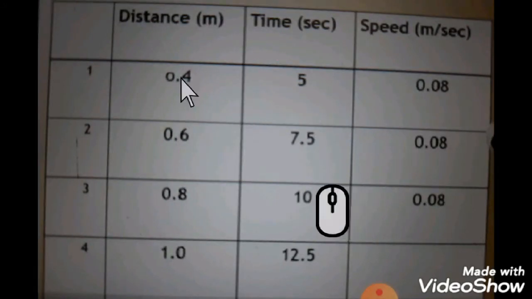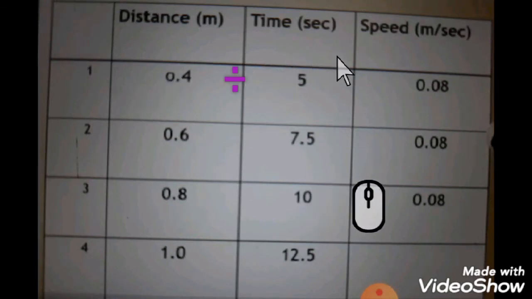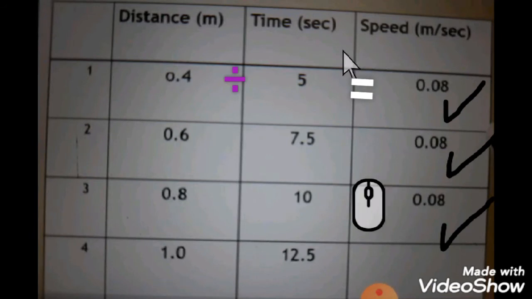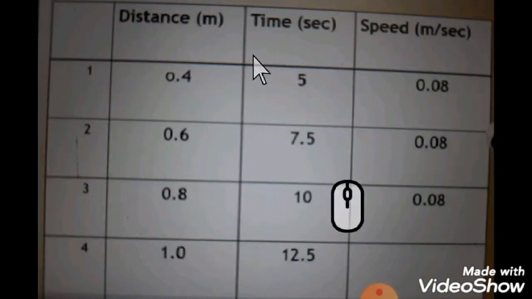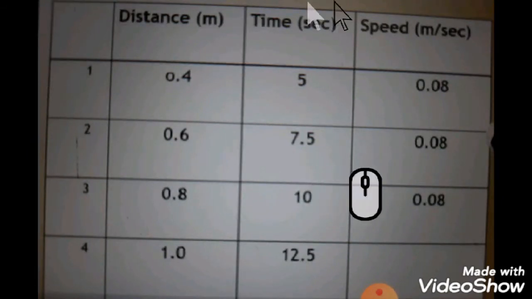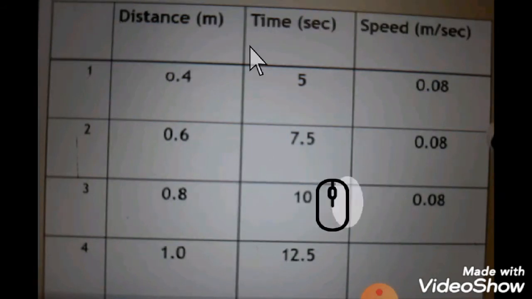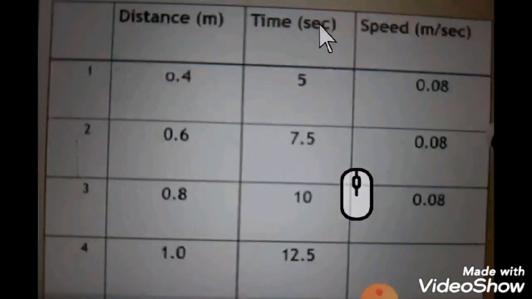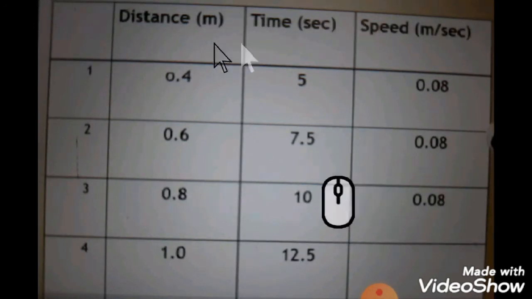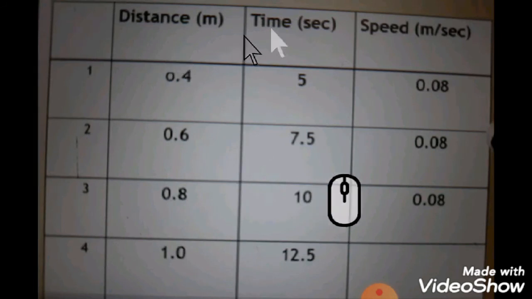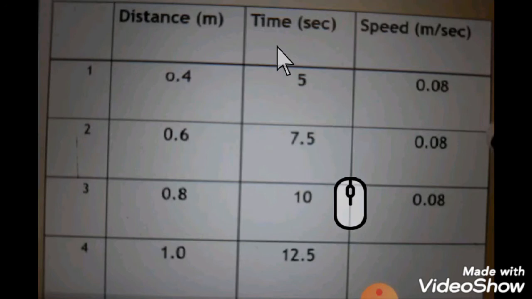In each case, by dividing them, you will notice that wherever you divide them by each other, you will get exactly the same result, equal to 0.08 meter per second as a speed. This means that the object is moving with regular uniform speed. Of course, the distance increases and the time increases, that's well represented by this graph in a straight line from the origin point, as we said before.